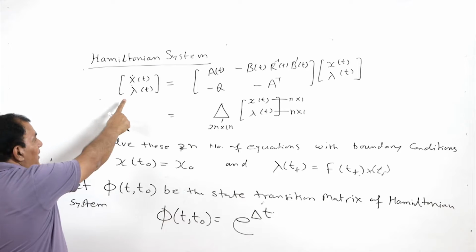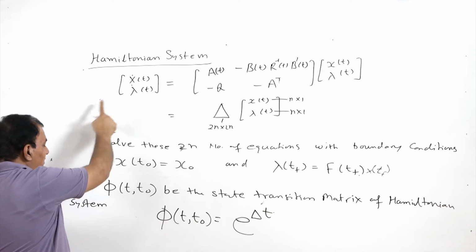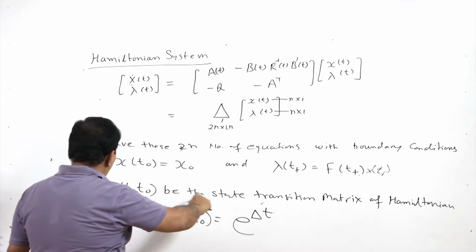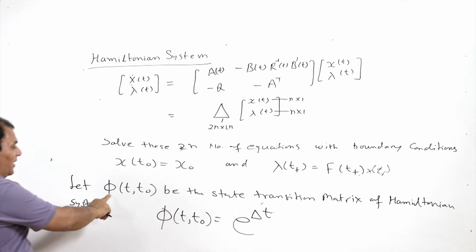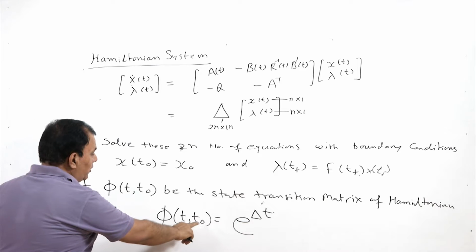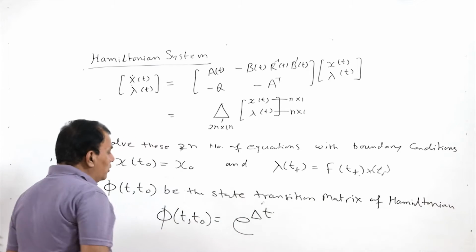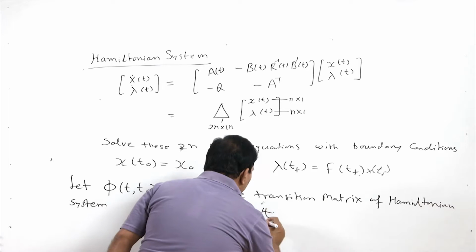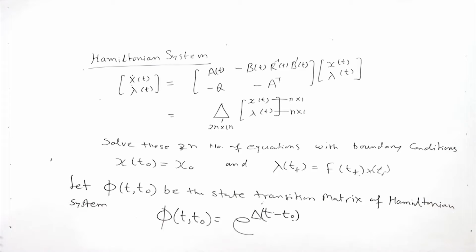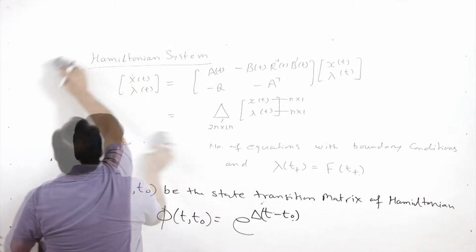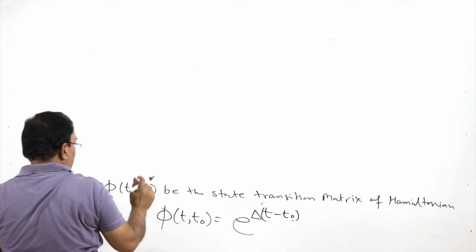So, for my Hamiltonian system, the state transition matrix is defined as phi t, t0, which is equivalent to e to the power delta times (t minus t0). Let us partition it.